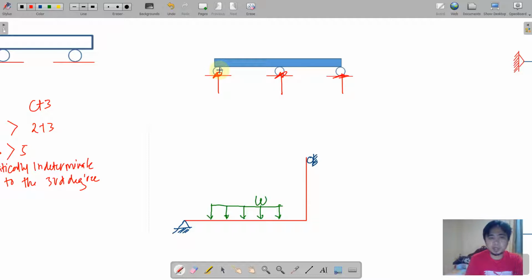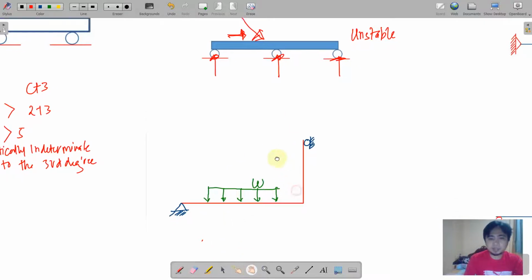When we have parallel reactions, it is unstable. Why? Because if we load a lateral load here, say this diagonal will have a lateral load that will tend to slide this horizontally along the right direction. There will be no reaction to counter this rightward force or any horizontal force that will be applied here in the beam. That is why this is automatically unstable.